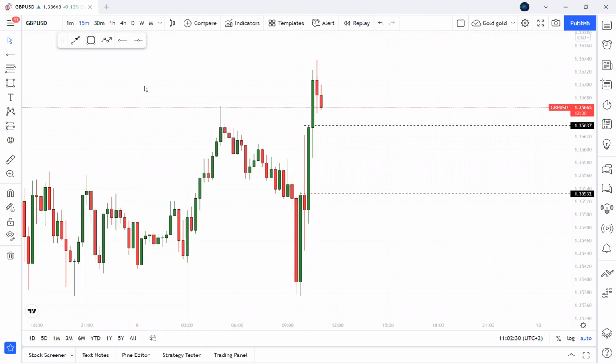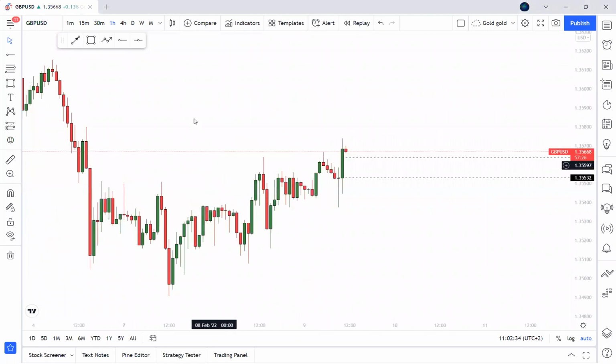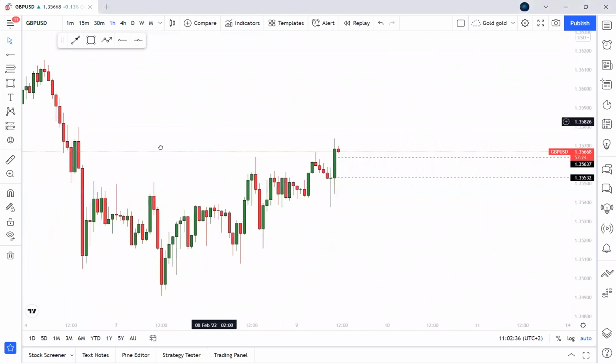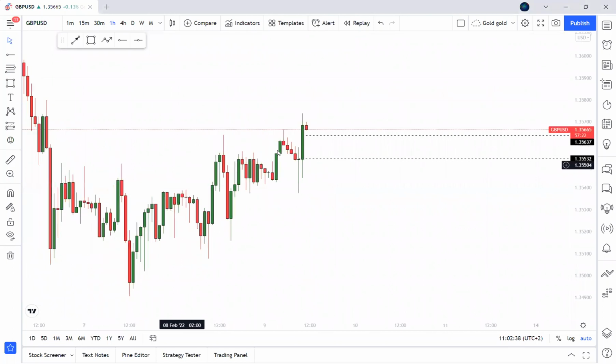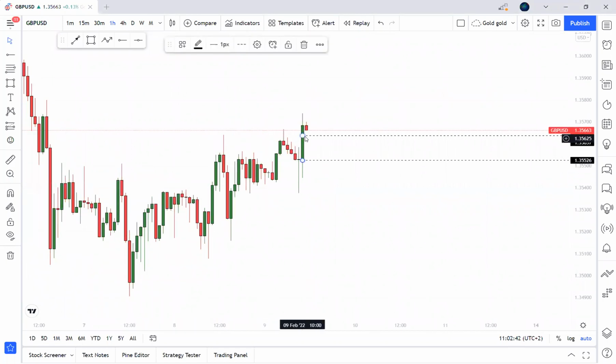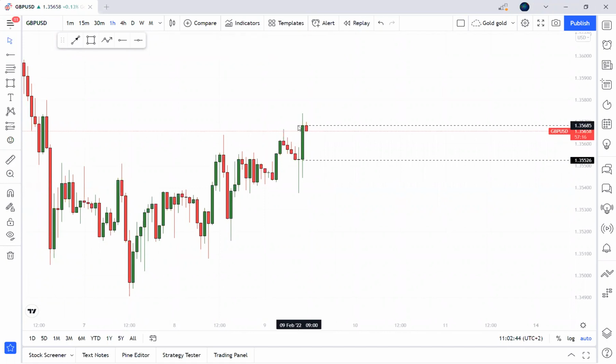So even if we go on the 1 hour time frame and look at this candle right here, our opening is right here, our closing is right here, and we have an upper wick and a lower wick, right? It's a bullish candle. That means our opening is at the bottom, the closing is at the top.